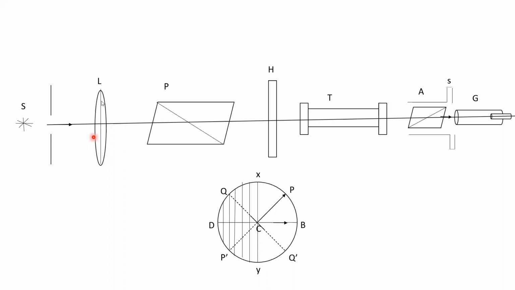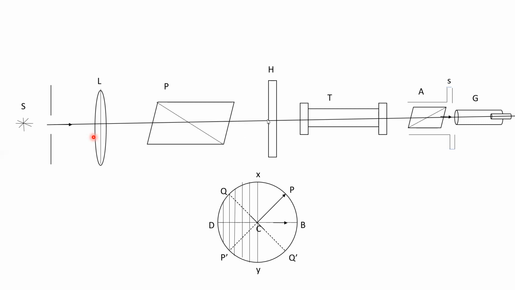Sorry. The specific rotatory power can be explained by the method of Laurent's half-shade polarimeter. The source S is where light impinges. It falls on the convex lens, and the light is focused on the polarizer P. In that polarizer P, the light is restricted into plane polarized light.